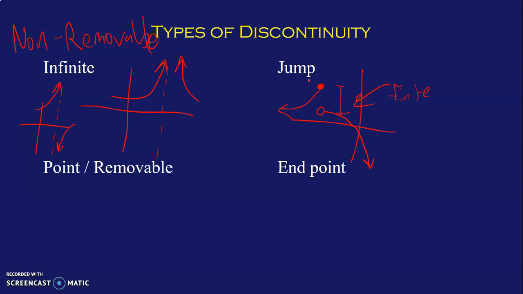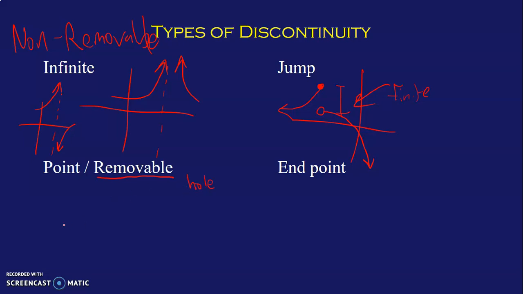All right. There is also a removable discontinuity, which when you think of it, it looks like a hole. That's not the type of discontinuity. It's a removable discontinuity. So if the question asks, what is a discontinuity? Don't say it's a hole. Say it's a removable discontinuity, but that's going to look like a hole.